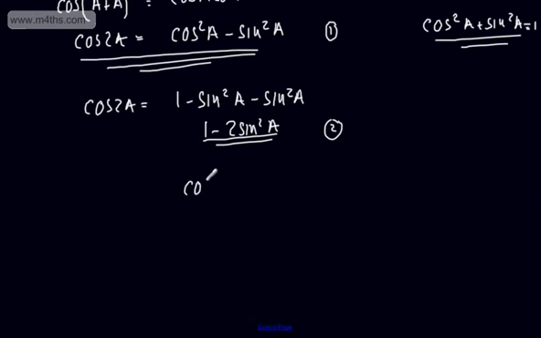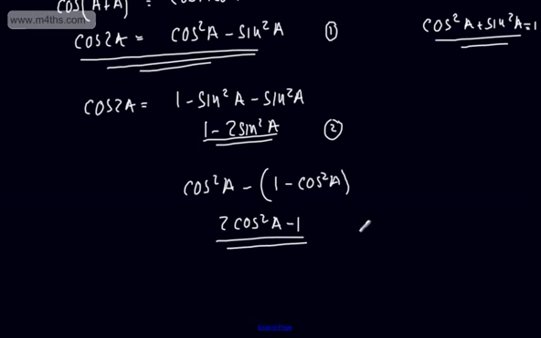So we've got cos squared a, then minus the quantity 1 minus cos squared a. This gives cos squared a minus 1 plus cos squared a, which is 2 cos squared a minus 1, and that is the third. Clearly these are interchangeable, these aren't set in stone, but this is 1, 2 and 3. These are just three results that we can see for the cosine of 2a.